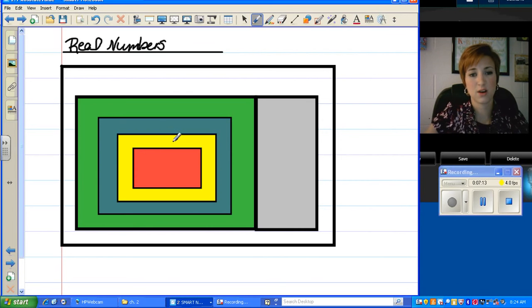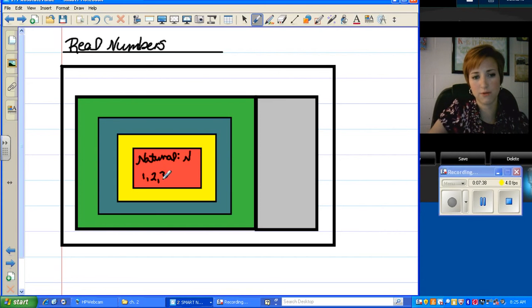I always like to start out with our smallest one and work our way out. The one in the middle is our natural numbers, our counting numbers. Natural numbers we denote with the letter N. We already said those were 1, 2, 3 for as high as we could ever count to positive infinity.